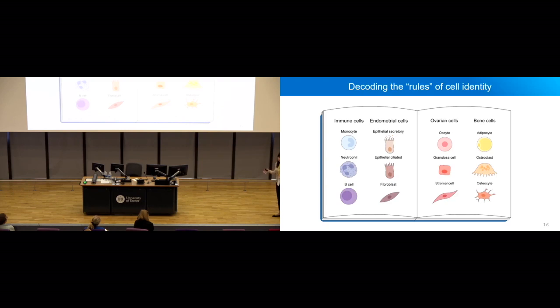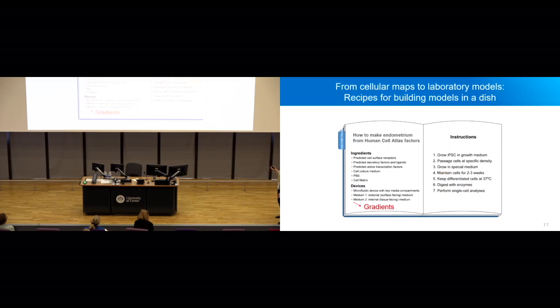And this is really creating a rich encyclopedia of information that then we can utilize for different things. And here I want to point out how our vision is to use them to generate recipes for really generating better models in a dish.